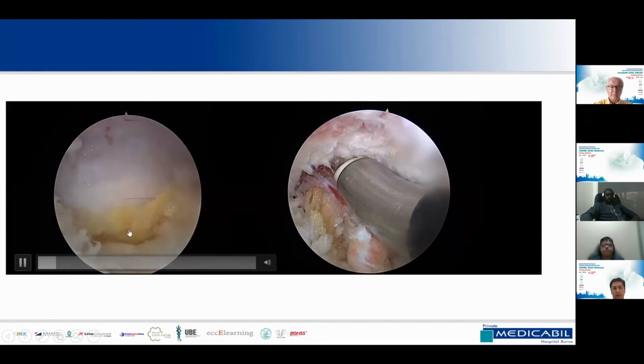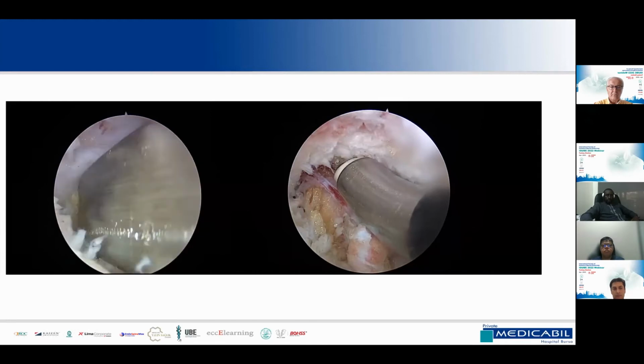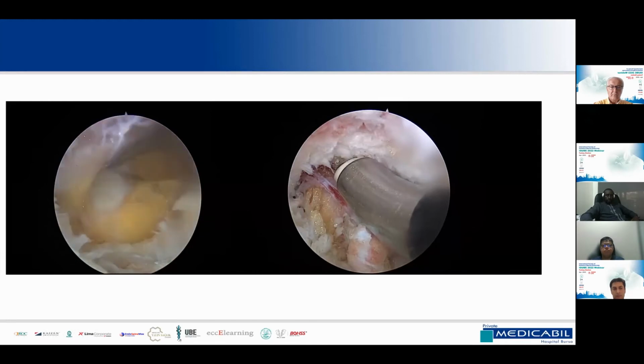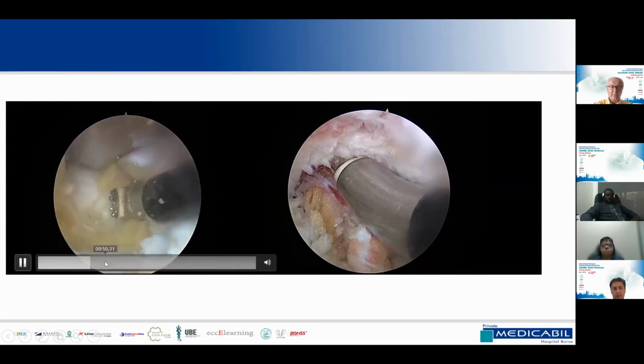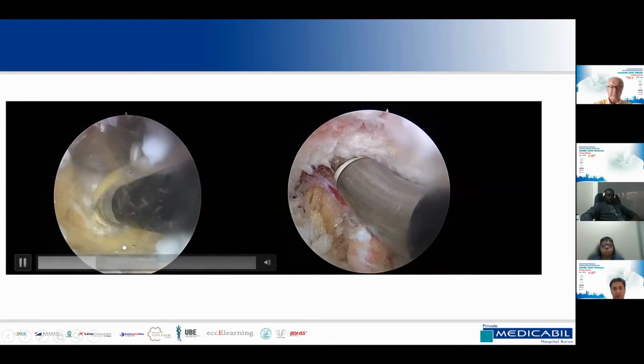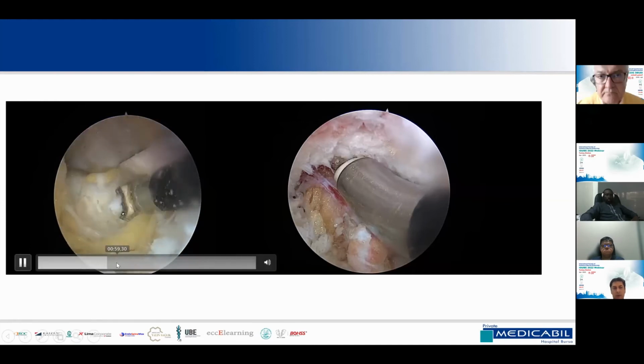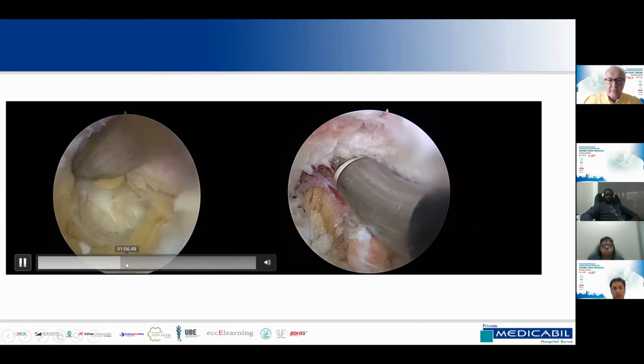Here is the disc. Yes, there is a disc irritating the nerve root, calcified disc.